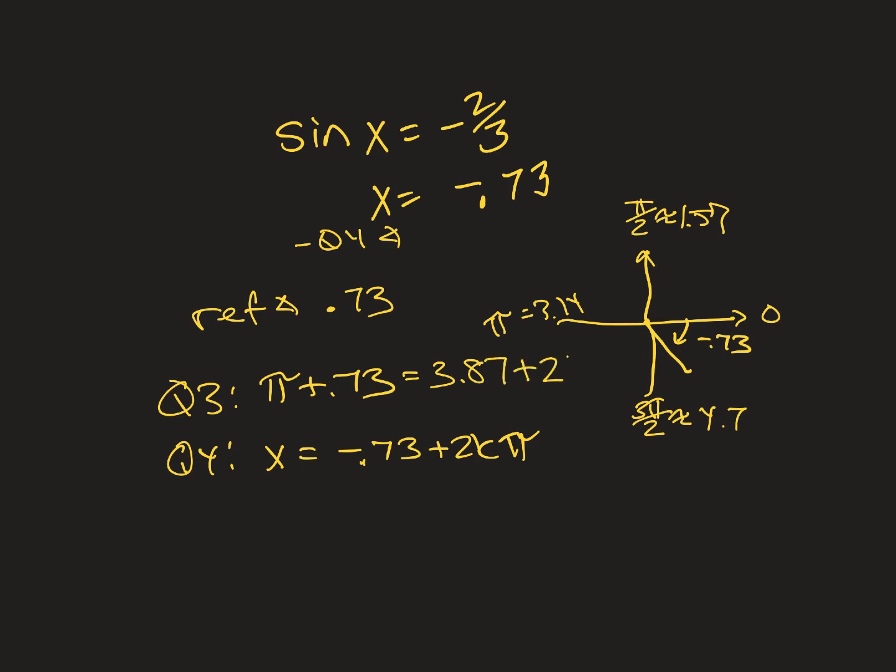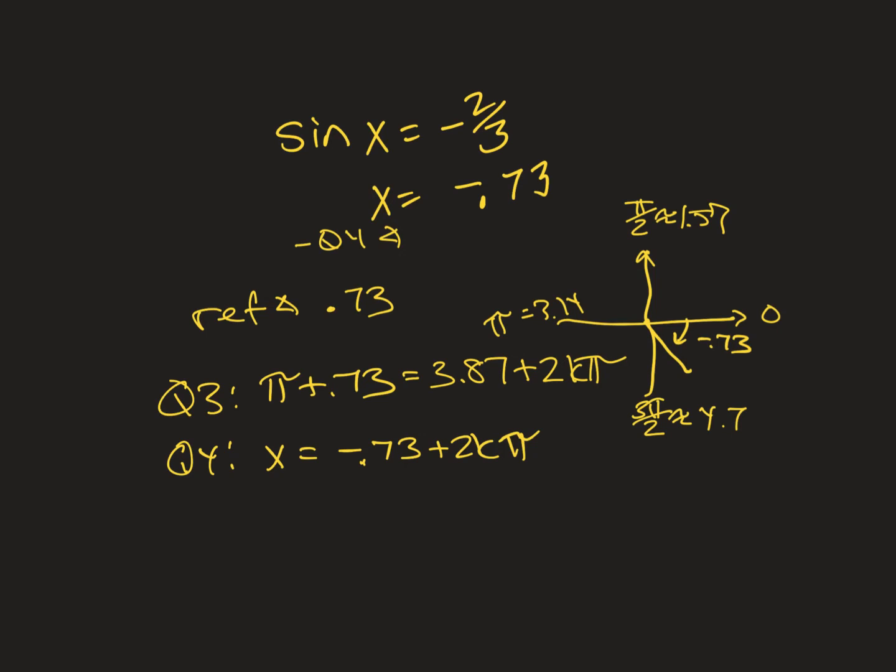And then, of course, you're going to say plus 2k pi. So again, it'll make more sense why our calculator is giving us the angle it is in the particular quadrant when we talk about the inverse trig function specifically. But it's good to know what quadrant that's landing in. So you can use that to find the reference angle and then find any quadrant you want.